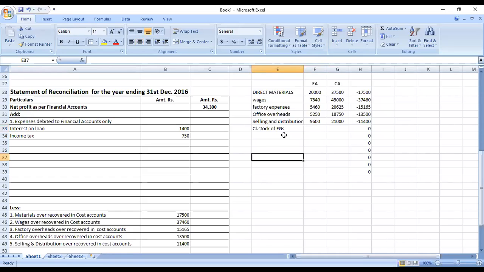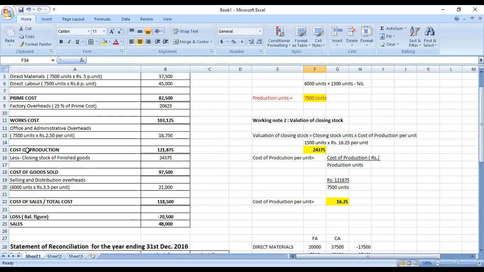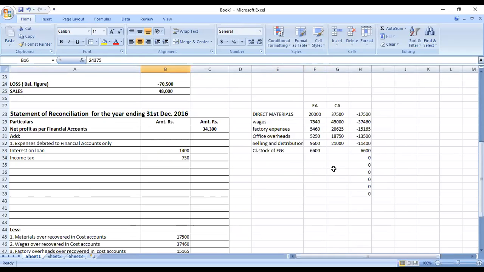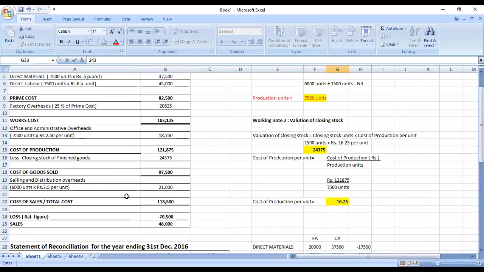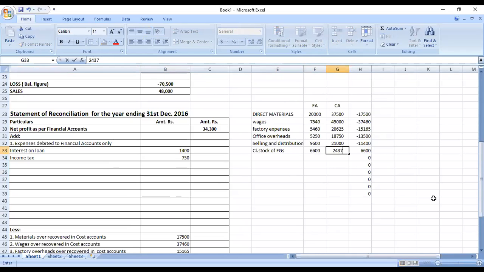Now we'll focus on the closing stock. The closing stock of goods, how much, students? What is the amount? Closing stock given is 6,600 as per the financial accounts, and as per the costing how much is given? 24,375. Now see the logic, students.